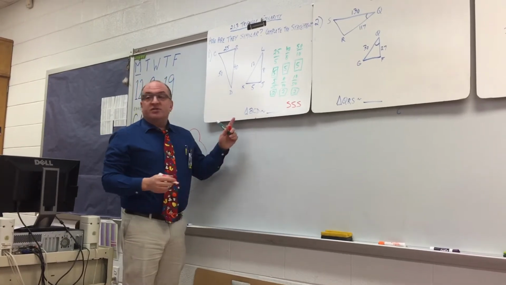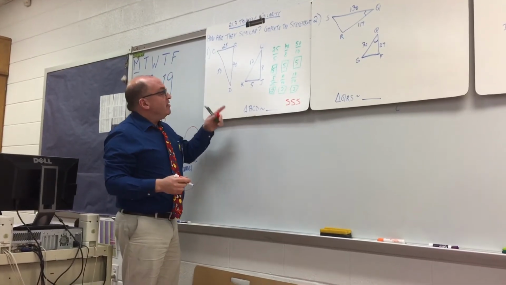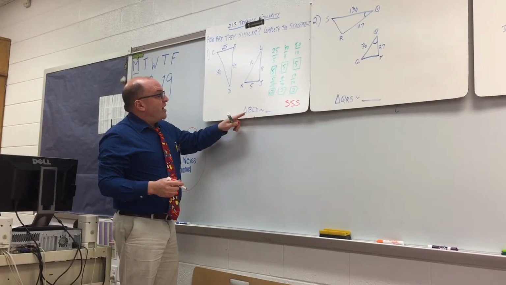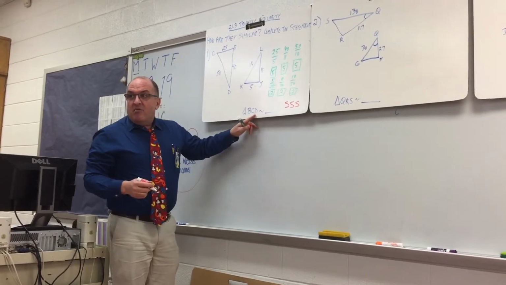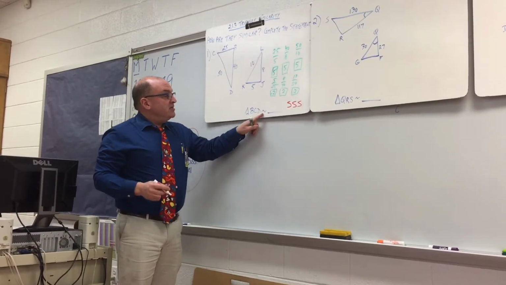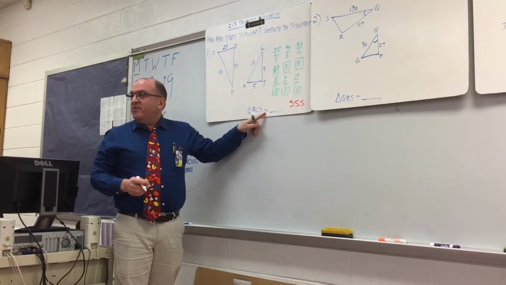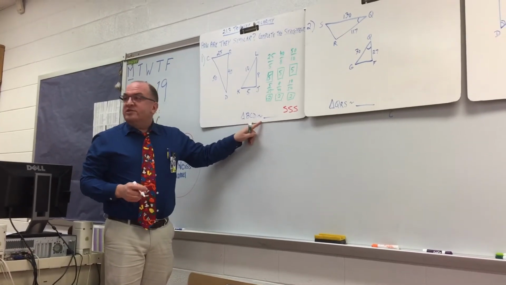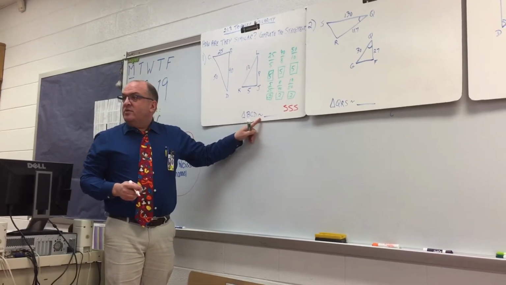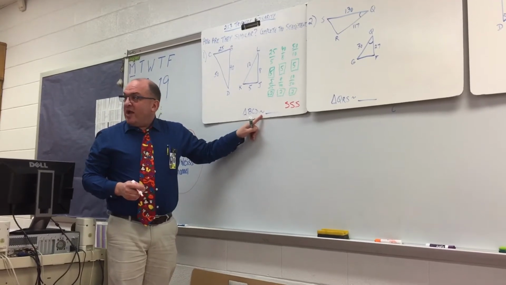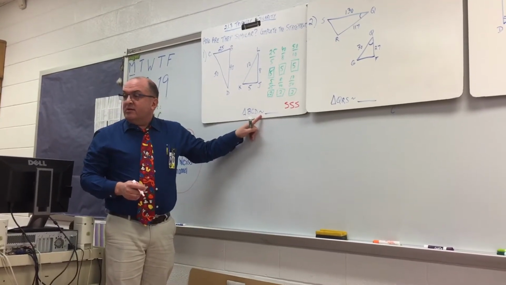Now, you also need to tell me, what does triangle BCD match up with? This symbol means similar. Notice there's no equal sign below this little wavy thing here. This wavy thing means similar. Okay?